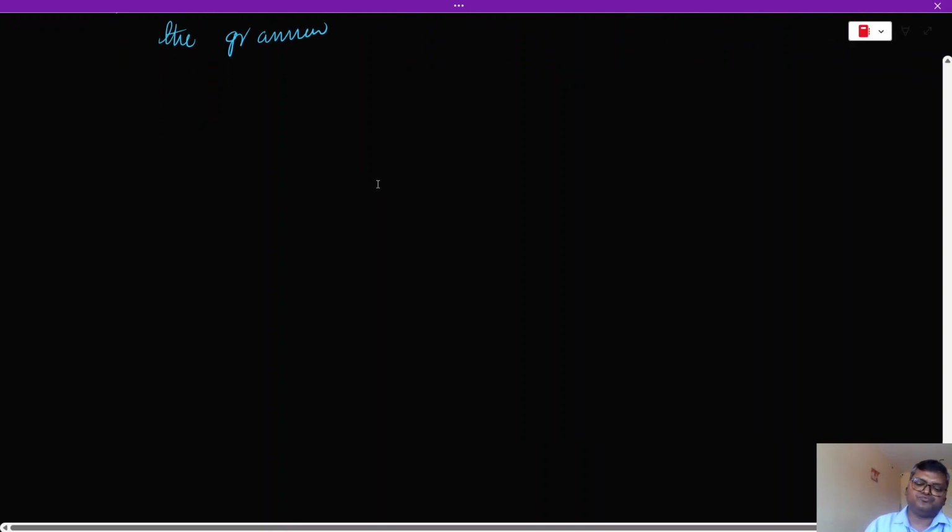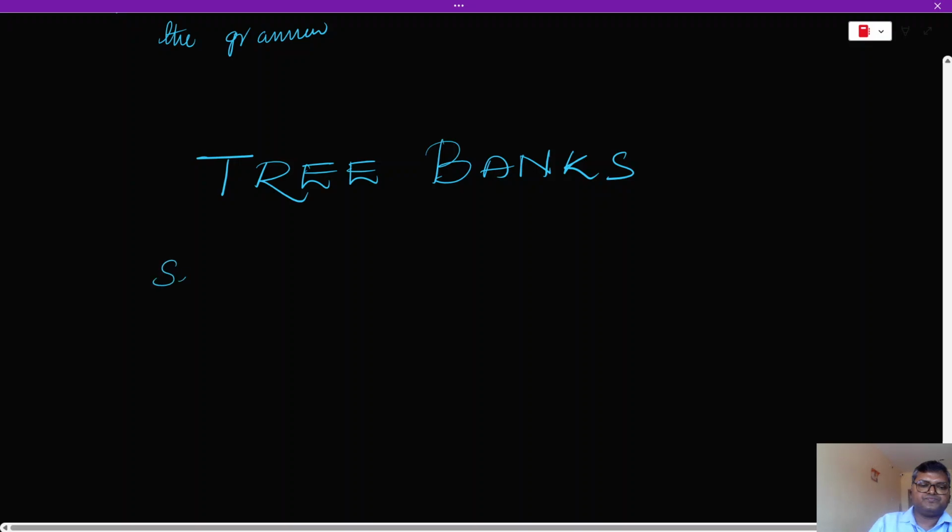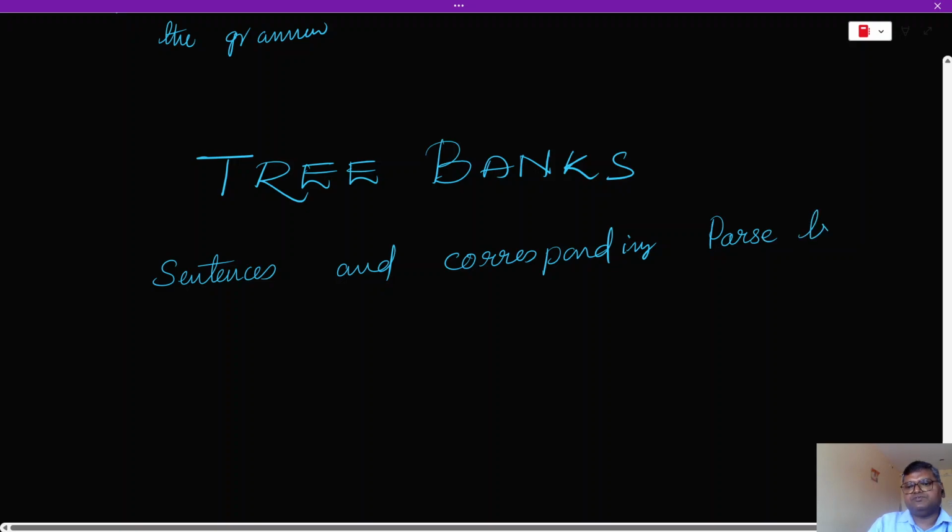So the solution for these problems is tree banks. What is a tree bank? A tree bank is a collection of input sentences and corresponding syntax trees or parse trees developed by manual experts.